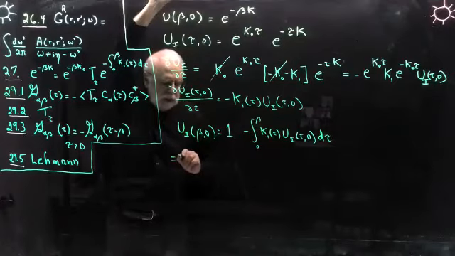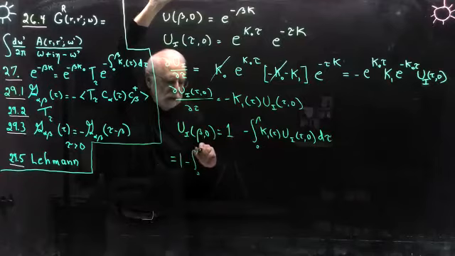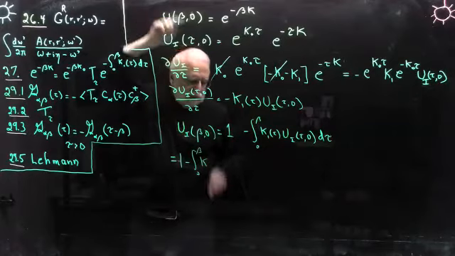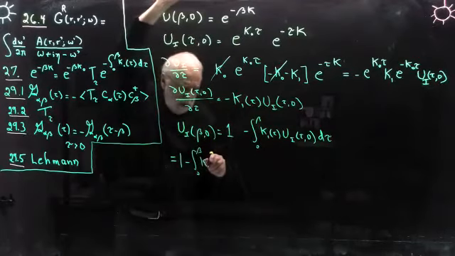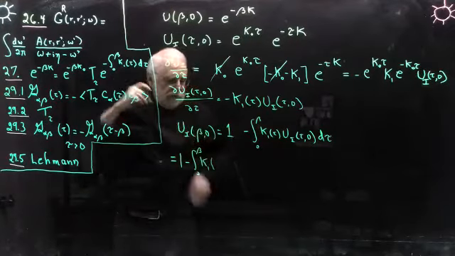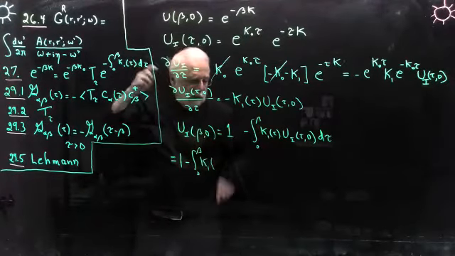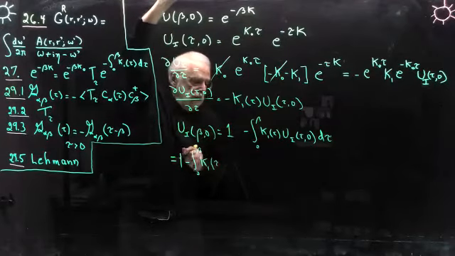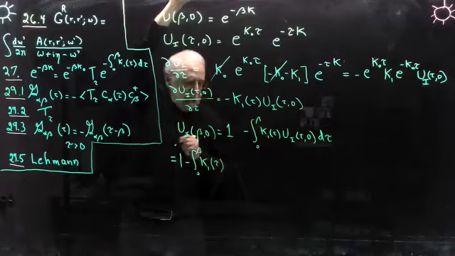So the first term, the term linear in K1, is the integral from 0 to beta of K1 of tau. And that's it. Okay, I replace UI by 1.